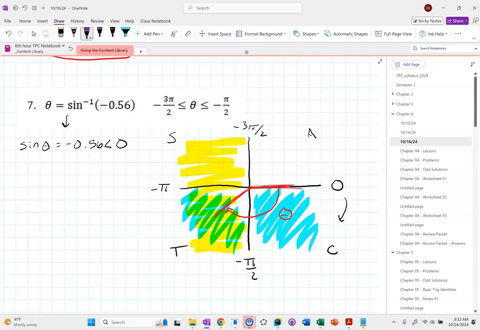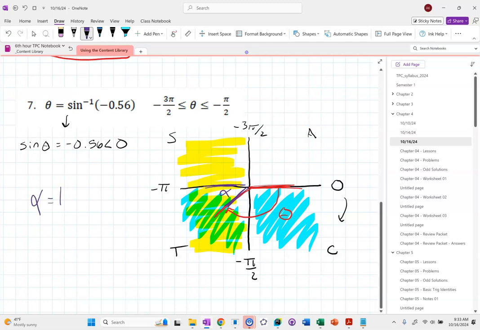My alpha is always drawn between the x-axis and the terminal side of theta. So there's my alpha right there. Everybody good with how I drew that in? The thing you have to remember is always between the x-axis and the terminal side, never the y.